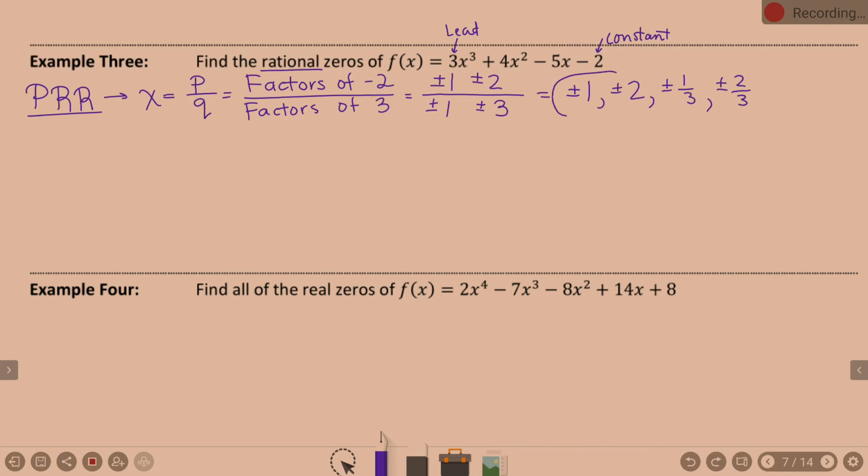What is this list I just found? Those are your PRRs, potential rational roots. Again, we're asked to find our rational zeros. We've got 8 choices. At most, only 3 can work.